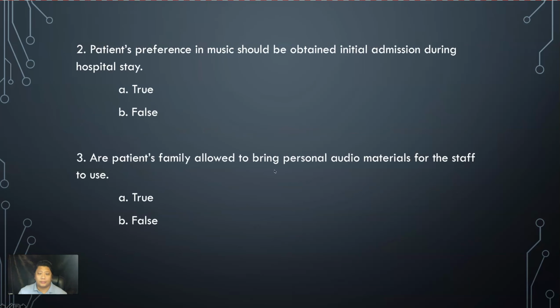Number 2 is: the patient's preference in music should be obtained at initial admission during the hospital stay, a true or false question. Along with question number 3: are the patient's family allowed to bring personal audio materials for the staff to use? Also true or false.